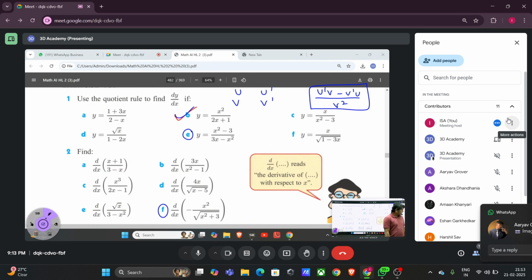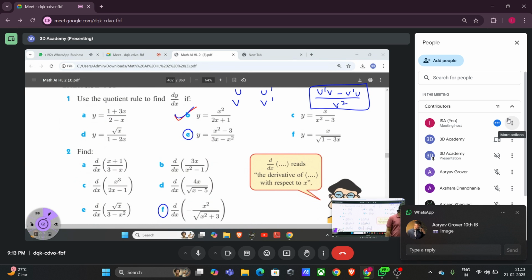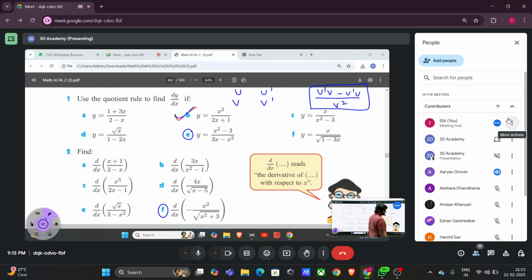In the quotient rule, the denominator is V squared, right? Yes, V squared. So V and then what are the question?